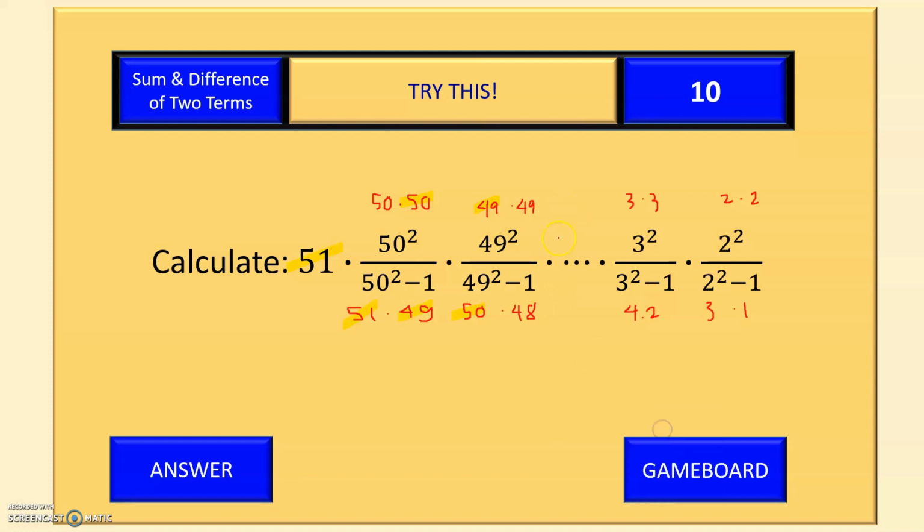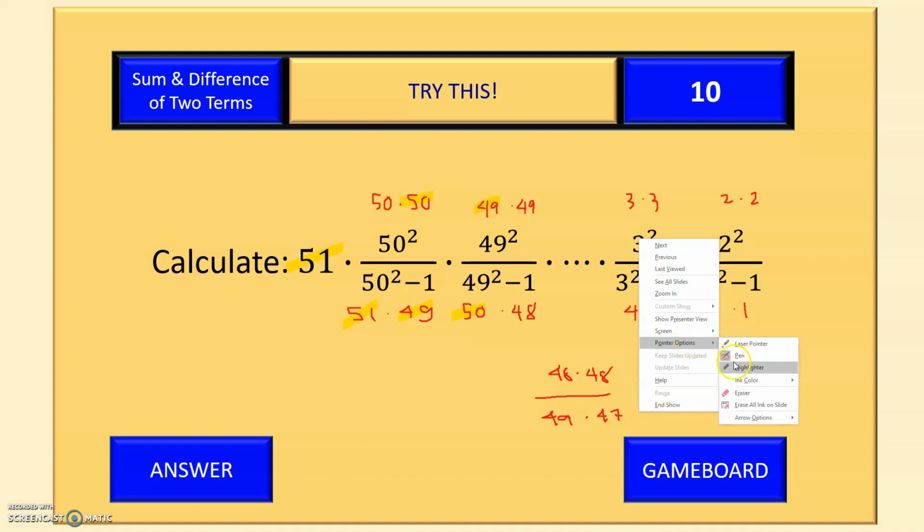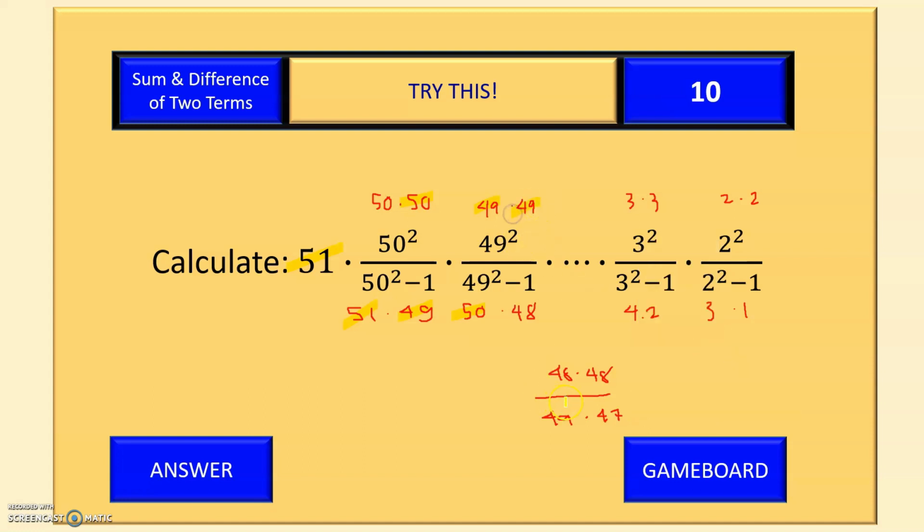I'll show you. So, dito, after this product, meron akong 48 times 48, right? And then sa denominator ko, 48 plus 1, may 49 ako, times 47, and so on. So, meaning to say, maka-cancel to, tsaka yan. And then, paulit-ulit. So, then 48, maka-cancel yan, and so on.